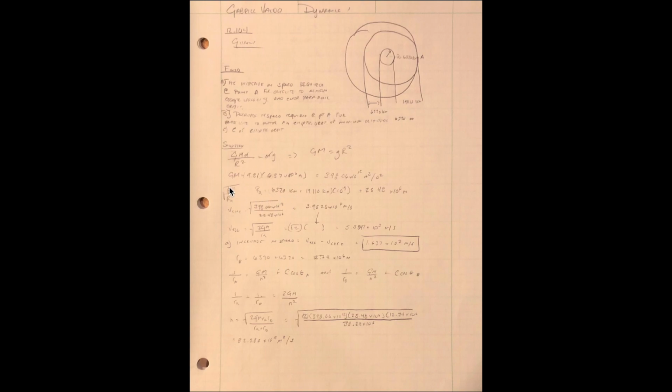So plugging in our knowns into the equation of the velocity of the circle, we get that the velocity of the circle is 3.9525 times 10 to the 3 meters per second.